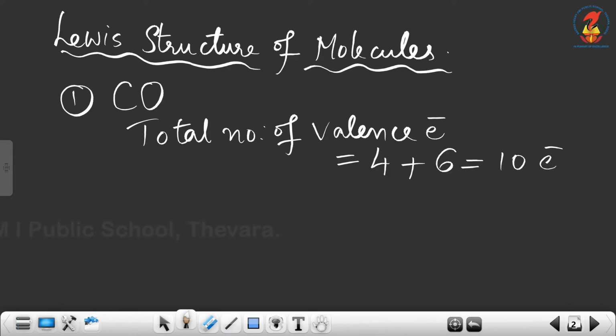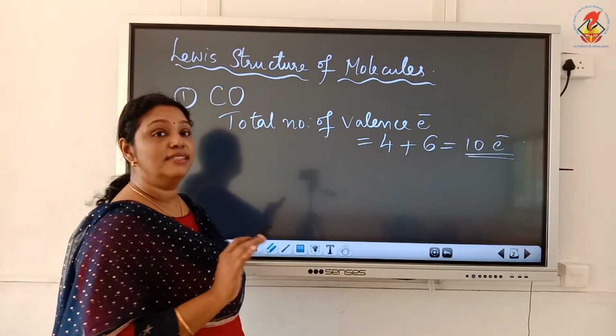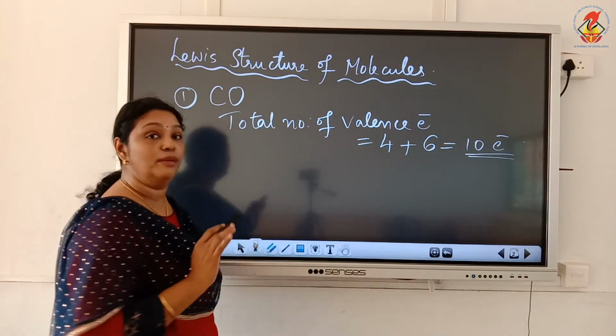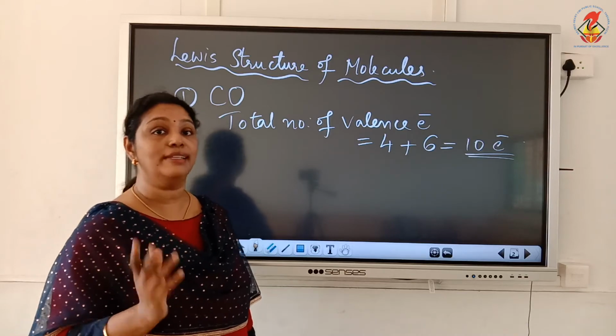So, 6 plus 4 is equal to 10 electrons. Now, next we have to write the skeletal structure, and this is a neutral molecule. There is no charge present in CO, so no need to add or subtract electrons.